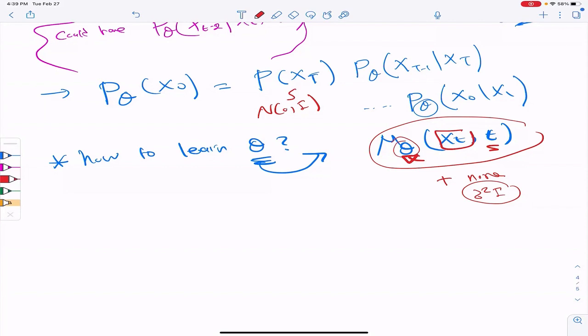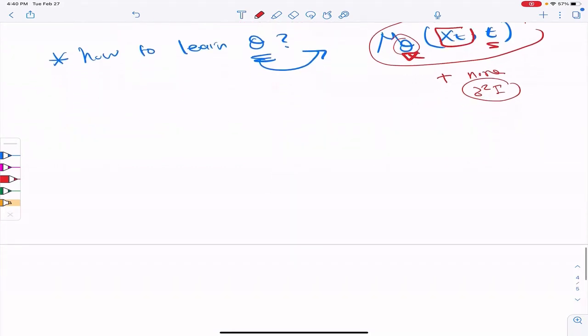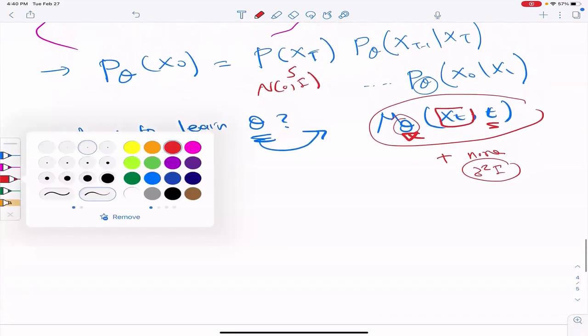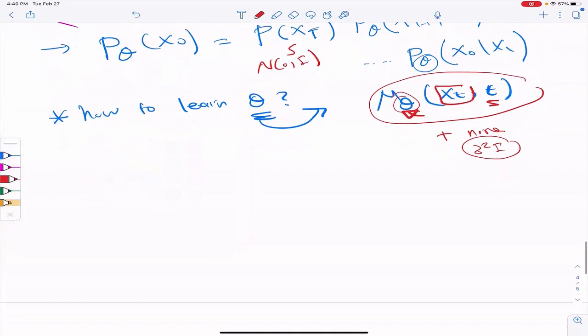This probability model has a set of parameters, and you learn those set of parameters by finding the most likely parameters given your data set. That's it. That's the maximum likelihood approach. So we'll find theta with the maximum likelihood.